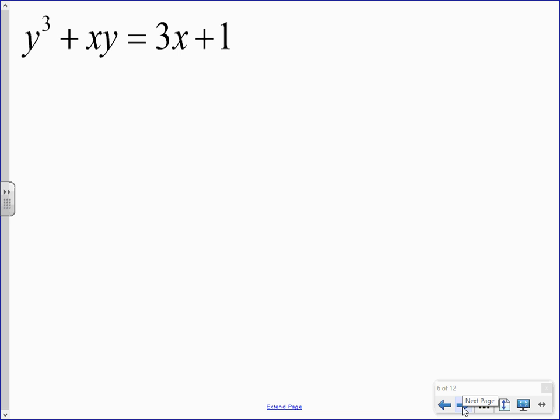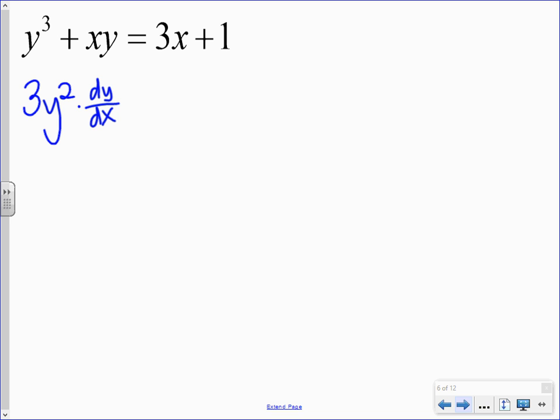The derivative of y cubed. Abram, what did you tell me that was? 3y squared. Okay. And then since we're taking the derivative with respect to x, and y cubed is not an x, what do we have to multiply by? dy over dx.